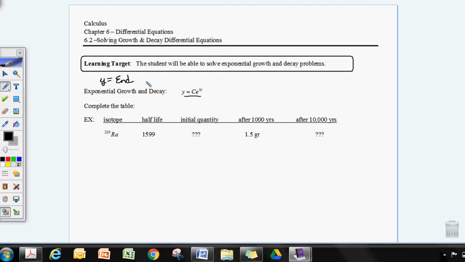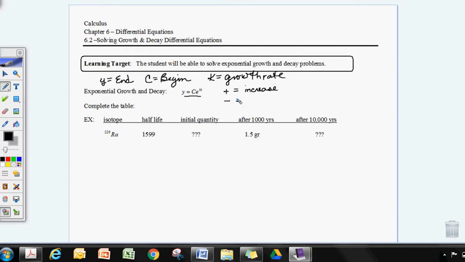Now, with the growth and decay equation, you know that y is your ending value of whatever we're talking about, whether it be an isotope, bacteria, whatever. C is going to be our beginning balance. The K is going to be our growth rate. If it is a positive value, it's increasing, so it's growing like bacteria growing in a petri dish.